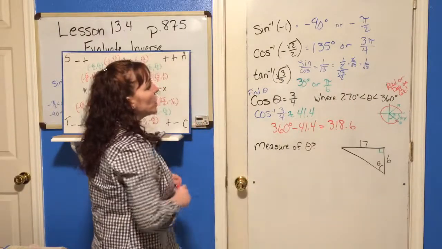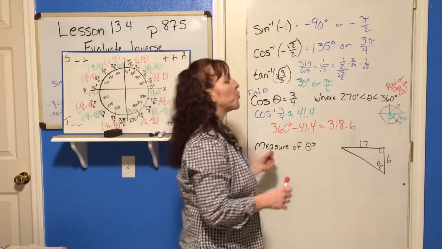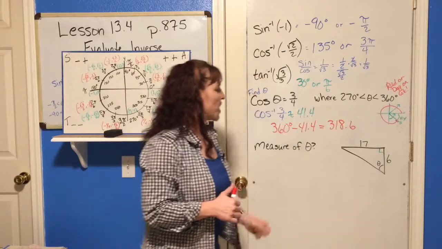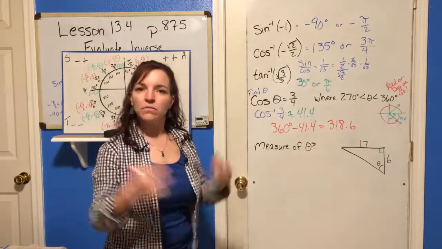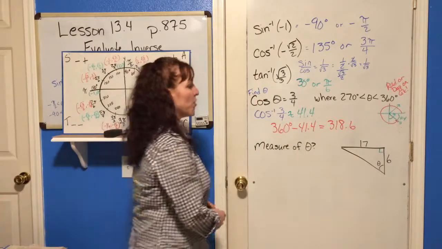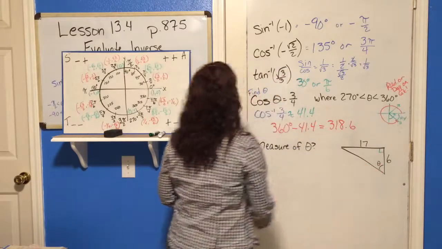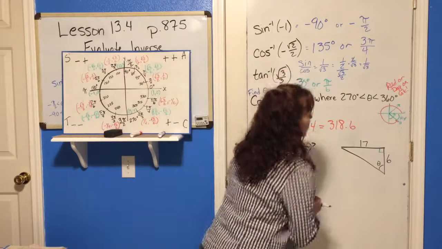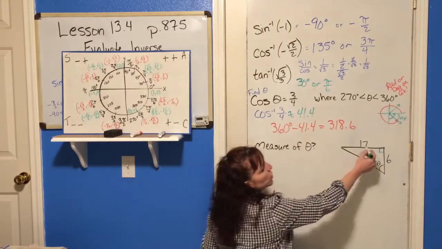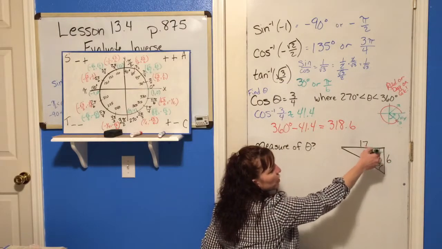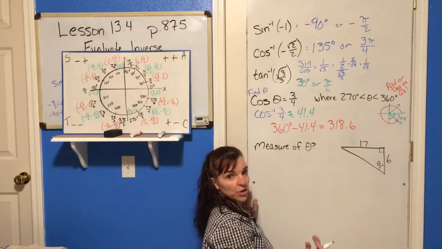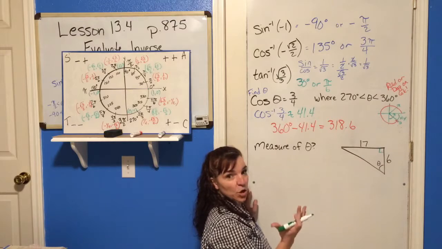All right. Once you've done that, we're going to move one baby step more difficult and say, if I give you this picture and I want the measure of theta, how do I find it? I want the measure of this angle. I know the two legs, and if I know the two legs, that's going to be tangent, right? We don't know the hypotenuse, which is what sine and cosine use.